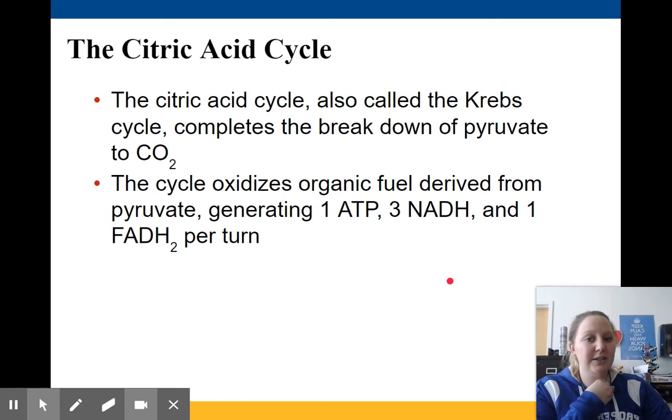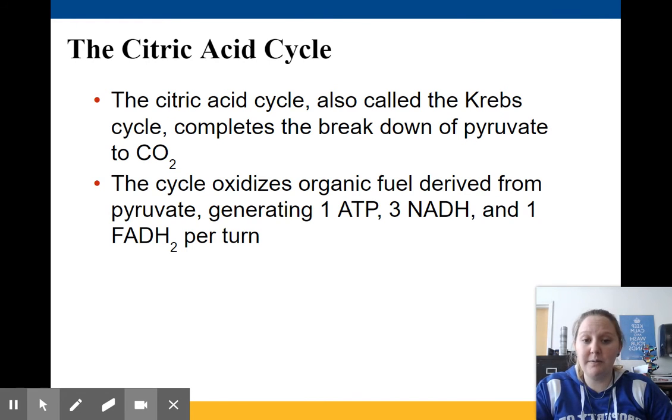The citric acid cycle is also called the Krebs cycle, and it completes the breakdown of pyruvate into molecules of carbon dioxide, which are given off as waste. The citric acid cycle oxidizes organic fuel derived from pyruvate, generating 1 ATP, 3 NADH electron carriers, and one molecule of FADH2, which is another electron carrier, every time that it turns.